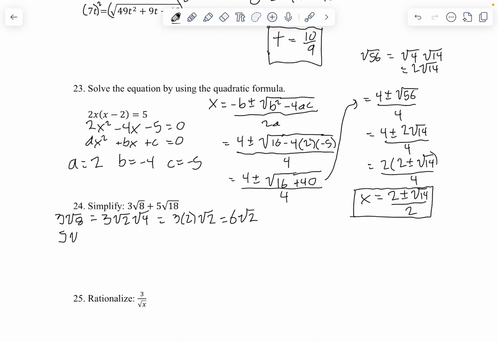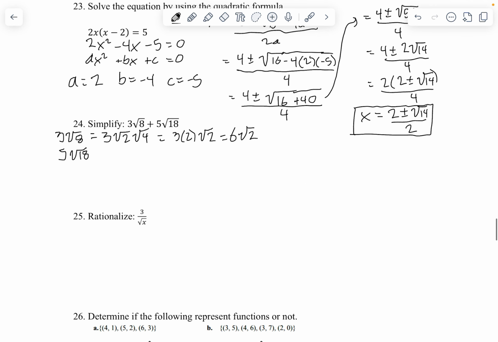5 times the square root of 18. This is equal to 5 times the square root of 9 times the square root of 2, right? 9 times 2 equals 18. Square root of 9 is 3, so this becomes 5 times 3 times the square root of 2, which equals 15 times the square root of 2.